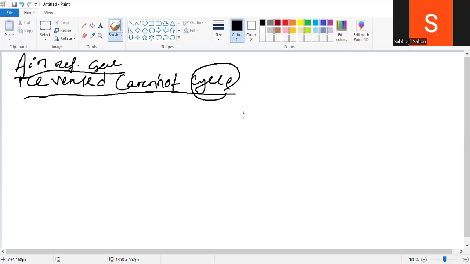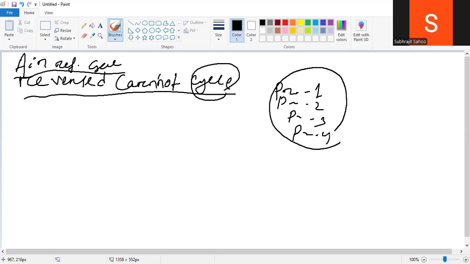When several processes are arranged together, they constitute one cycle. So here also, the reversed Carnot cycle definitely uses several processes: process one, process two, process three, like this, to constitute a cycle.